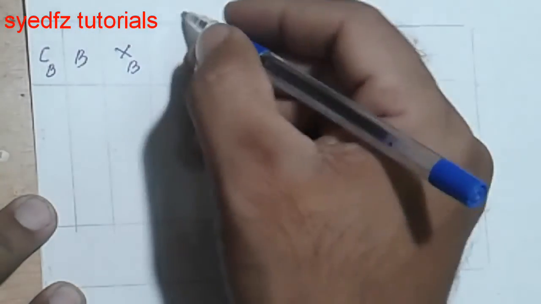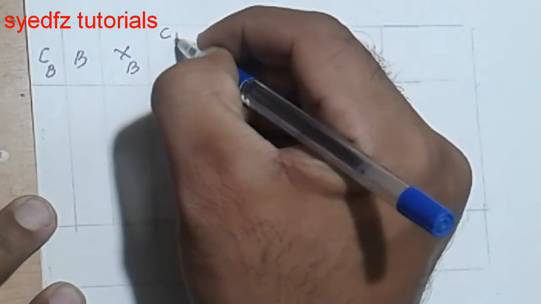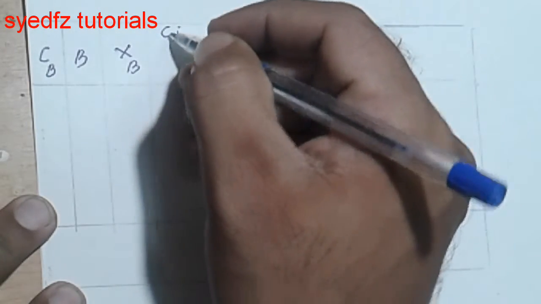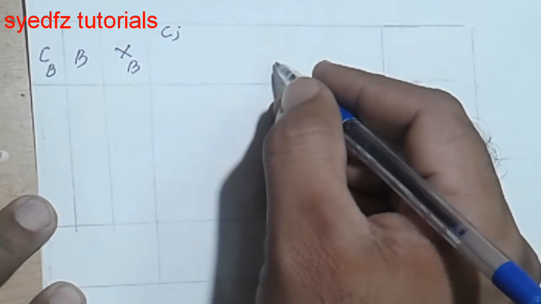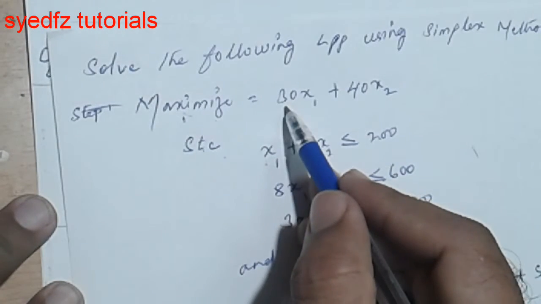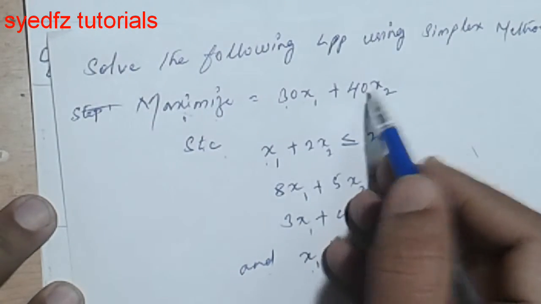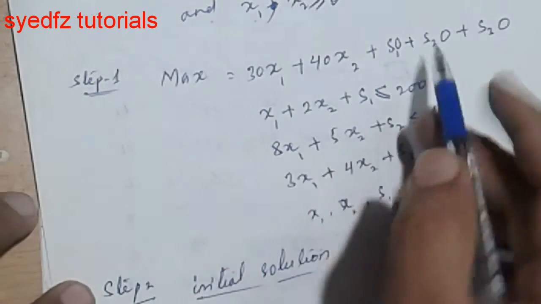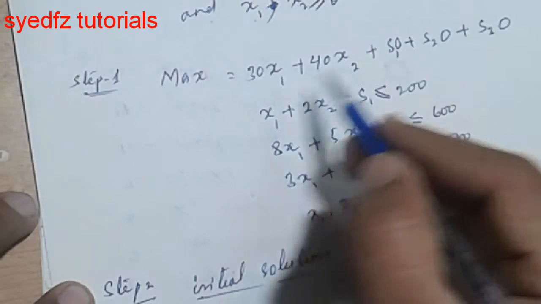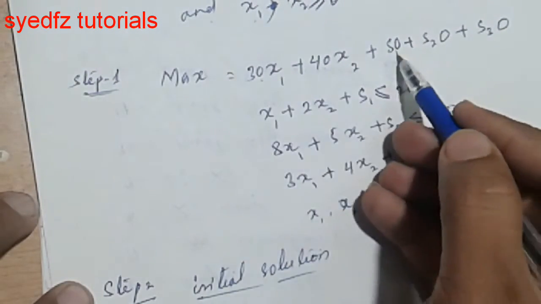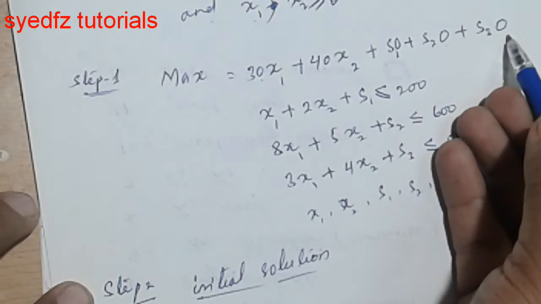Okay, here write Cj, means contribution to objective function. What is our objective function? Our objective function is to maximize 30 and 40, plus slack variables: 30, 40, S1 is 0, S2 is 0, S3 also 0.